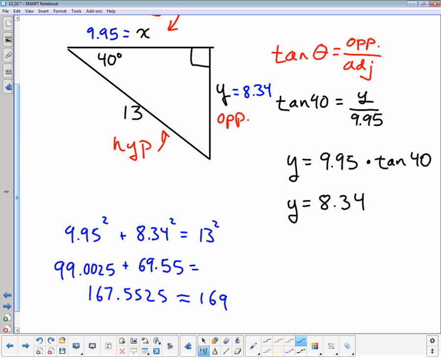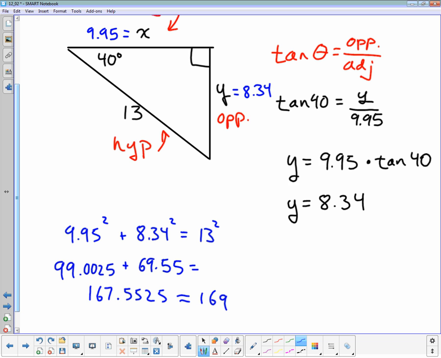Now notice that there's some rounding error in there, right? Because 13 squared is 169, and 167 is close. You're off by a little bit, and that's rounding error. So the Pythagorean theorem would still roughly hold, okay?